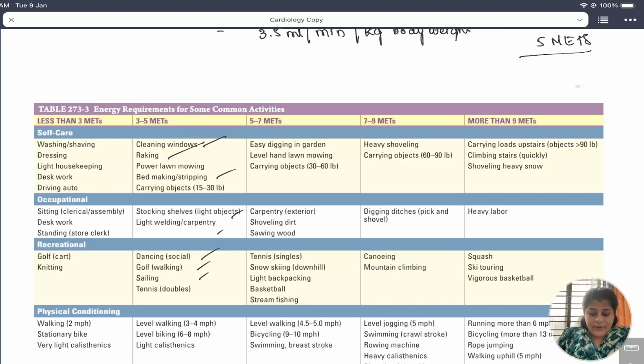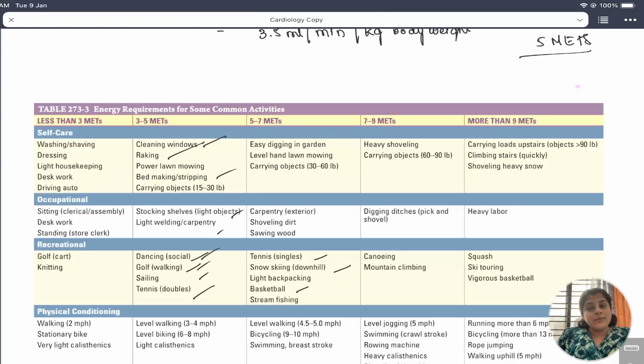So you can tell that patient you can do dancing, you can do walking, golf, you can play tennis, but if you start playing singles tennis, or basketball, or snow skiing and all, you will suffer angina. So you can educate the patient what activities will cause angina and what activities can be safely performed with the use of metabolic equivalents.